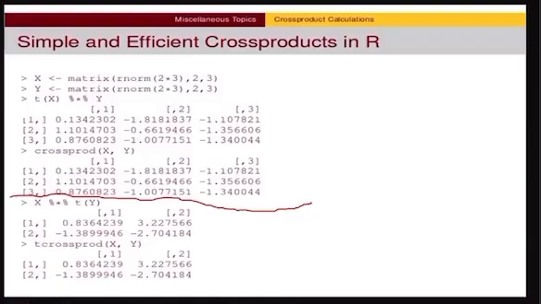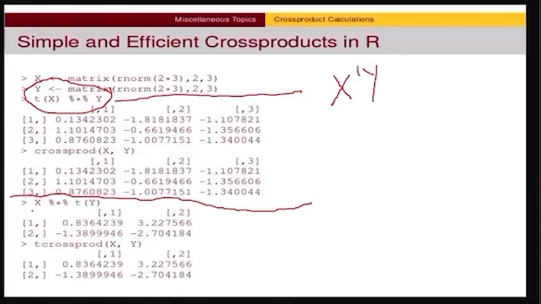The first one I did, if you take a look at this one, is X transpose Y. Okay, but this one is X Y transpose. Does that make sense? The two of them are cross products. I think I just gave you the significance of that.